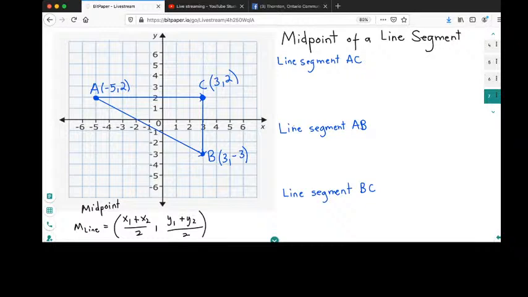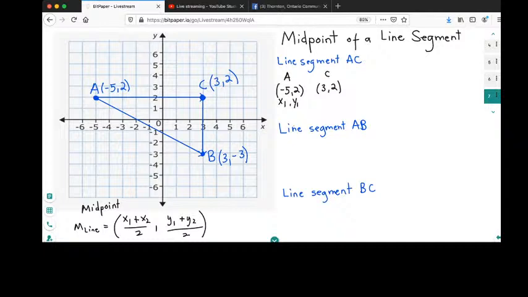Okay, so you guys, first things first, what I want to do here is actually determine what my points are and which is which. So if this is line segment AC, I know that point A is -5, 2. I know that point C occurs at 3, 2. And I want to label these right away. So I'm going to call A my point 1, so that's going to be x1, y1.